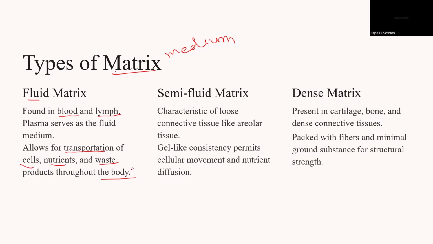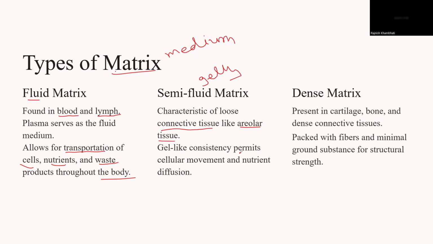The second type of matrix is semi-fluid. It is not fully fluid, but semi-fluid, jelly-like. It is a characteristic of loose connective tissue like areolar tissue. This is an example of tissue where you can find this semi-fluid matrix.